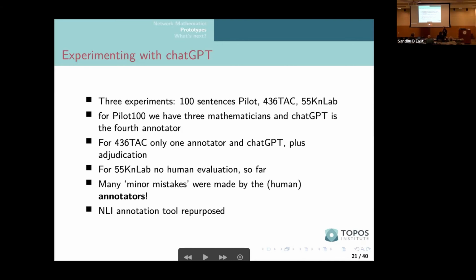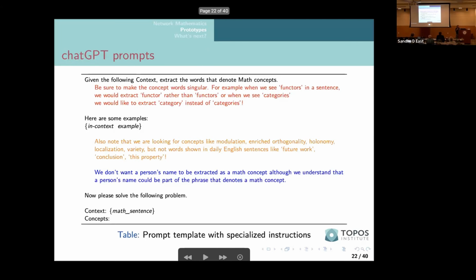You don't want our system to produce concepts that are not concepts. And when we get to the nLab, for instance, we have 55,000 concepts. So there's no human evaluation and there's nothing we can do. So we have this NLI annotation repurposed, but it doesn't solve the issue.